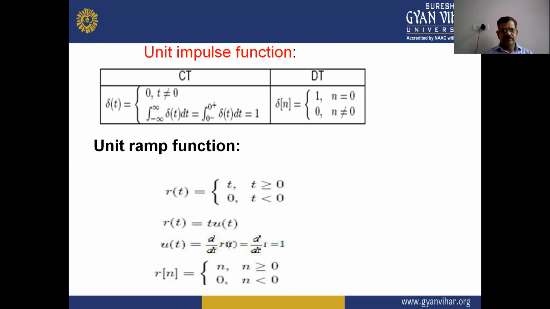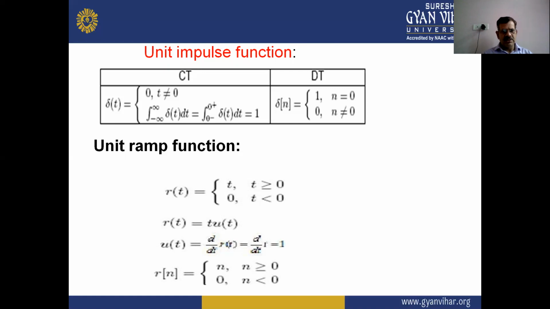That is in CT signals. In DT signals, the unit impulse function is delta(n) = 1 when n = 0, and delta(n) = 0 when n is not equal to 0.